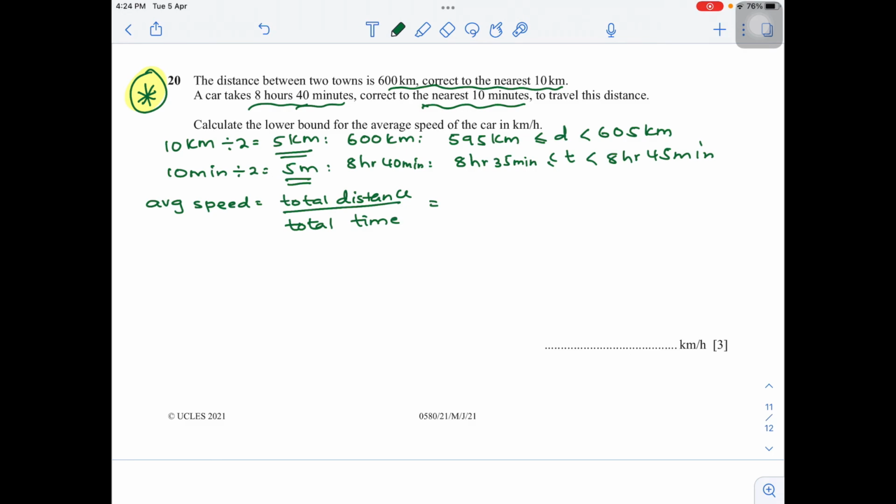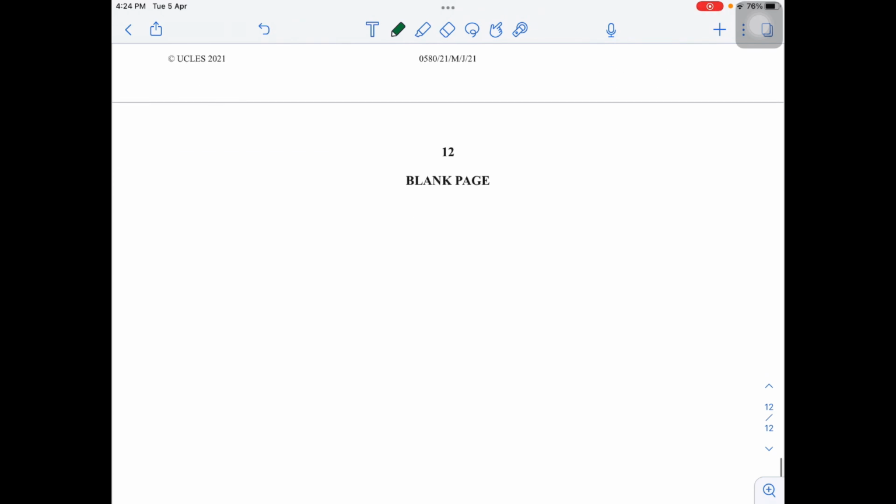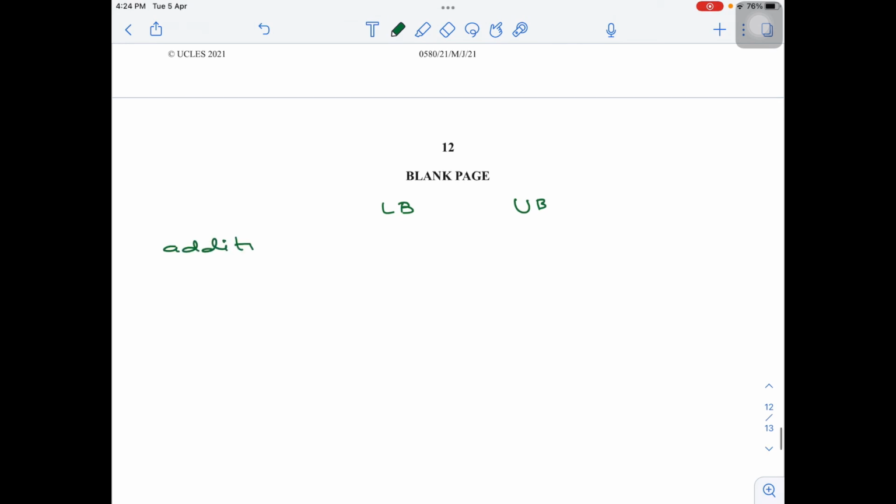Now this is division, so I have to remember something like I told you. Let me write lower bound and upper bound. For addition, the lower bound is minimum plus minimum, and the upper bound is maximum plus maximum. Now subtraction.